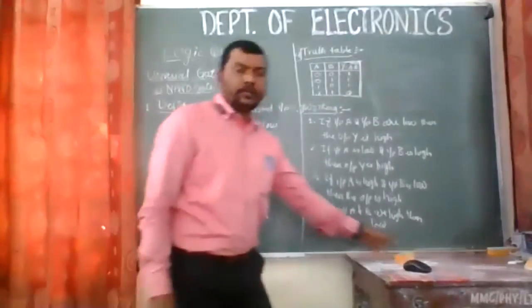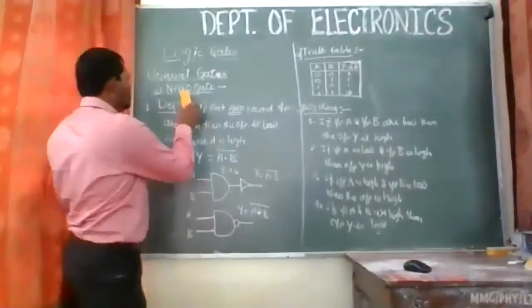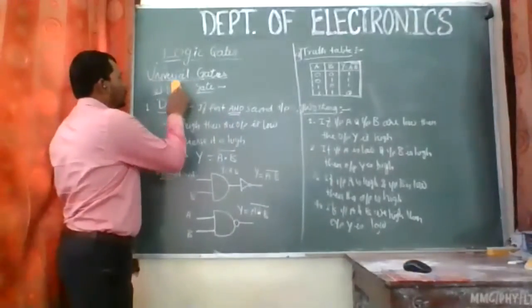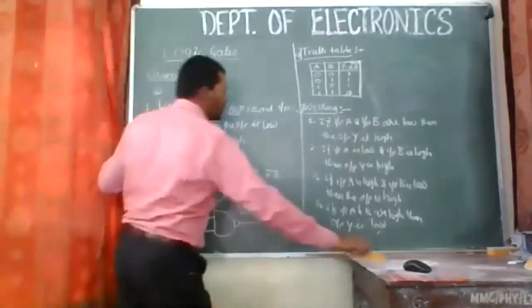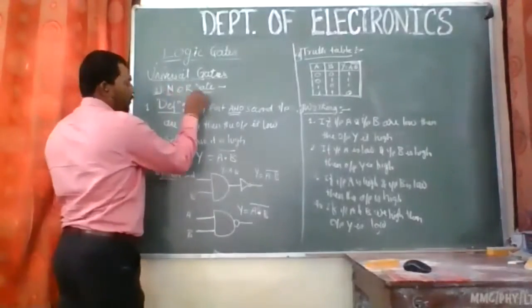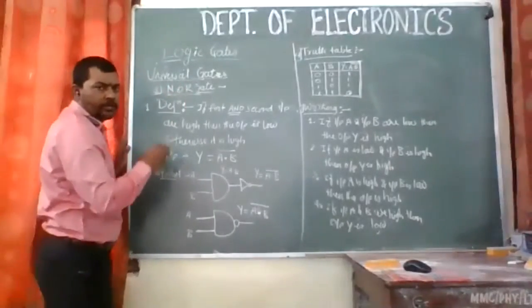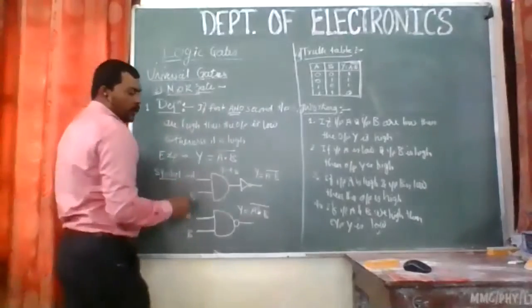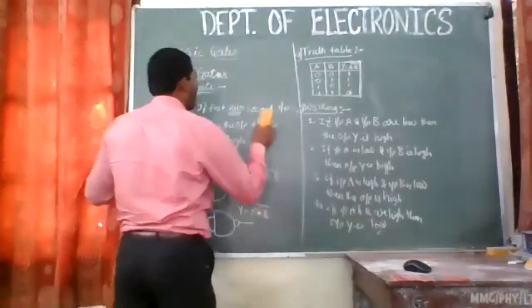Now the second universal gate we have is called the NOR gate, right? We'll be deriving it from an OR gate and a NOT gate. So what would be the definition?